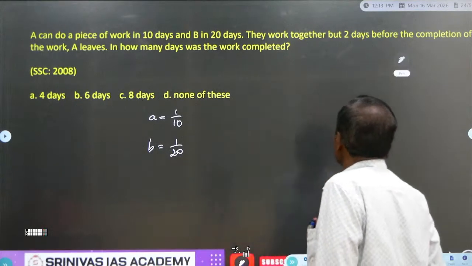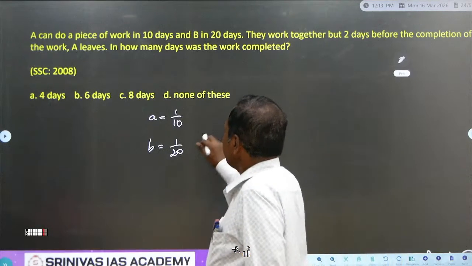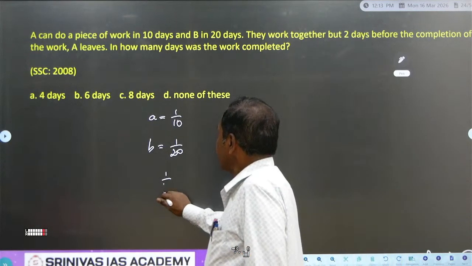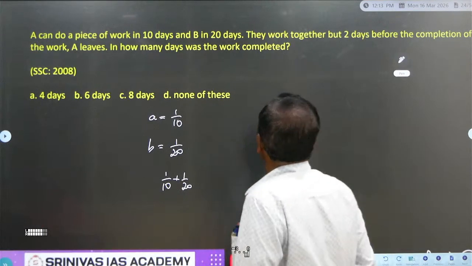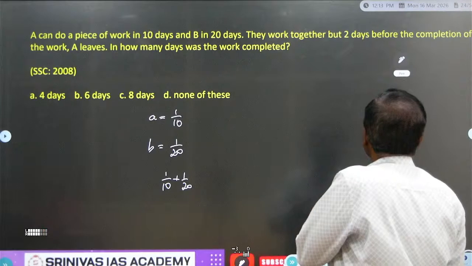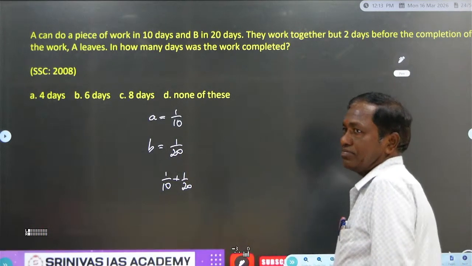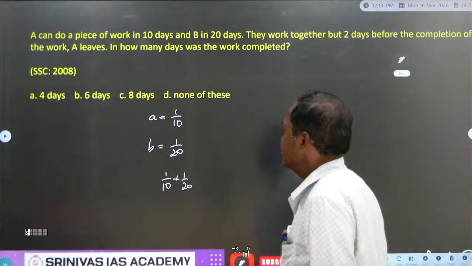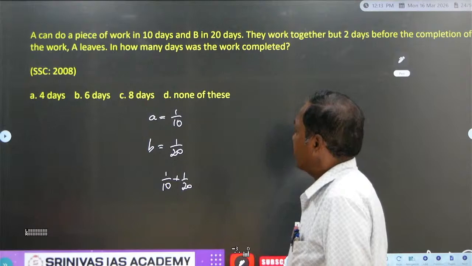And they work together, it means 1 by 10 plus 1 by 20. They work together, but 2 days before the completion of the work, A leaves. 8 days, that is the thing. 1 by 10 into 8.